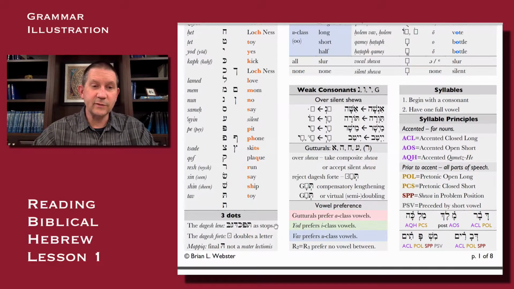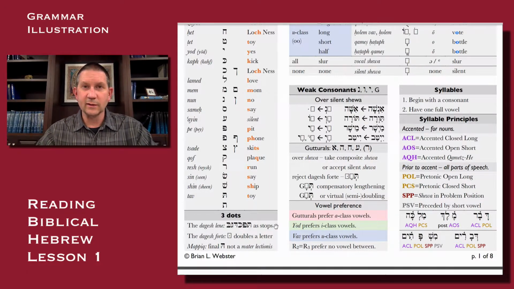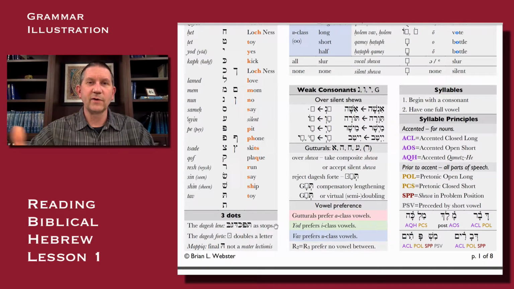Only those 6 letters, bet, gimel, dalet, kaf, pe, and tav, and only following a stop, which usually means following a syllable that ended in a consonant, but it could be following a different word that there's a long pause after. Well, then we have the dagesh forte, and these can occur in almost any letter, including all of the begad kafat letters.